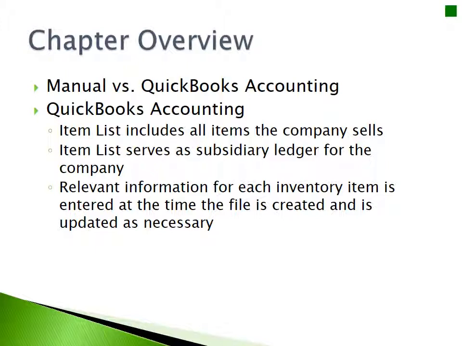The list includes all items the company sells, and relevant information for each inventory item, such as name, number, type, description, cost, sales price, etc., is entered at the same time the file is created and is updated as necessary.